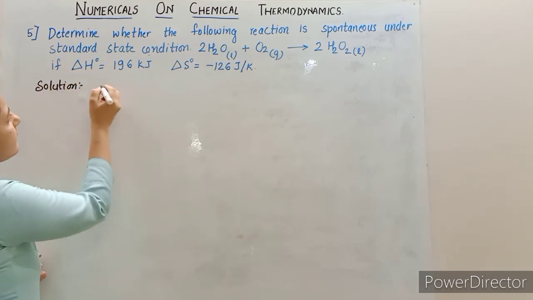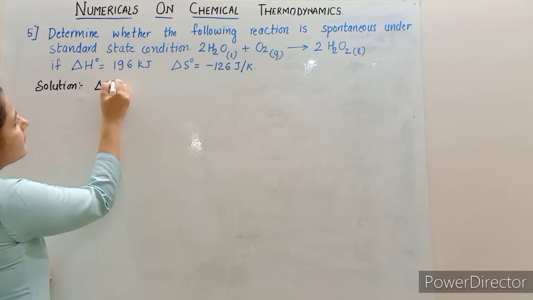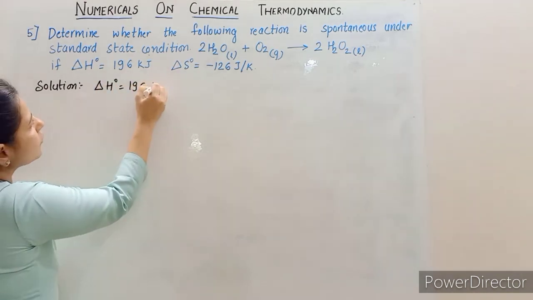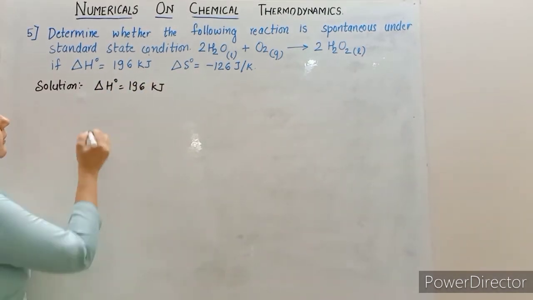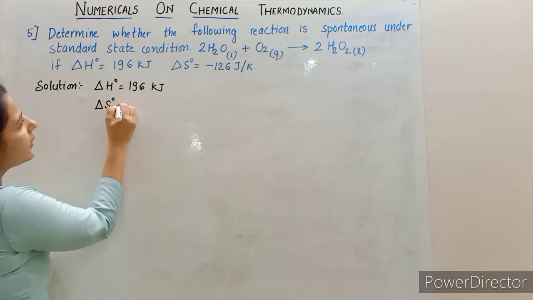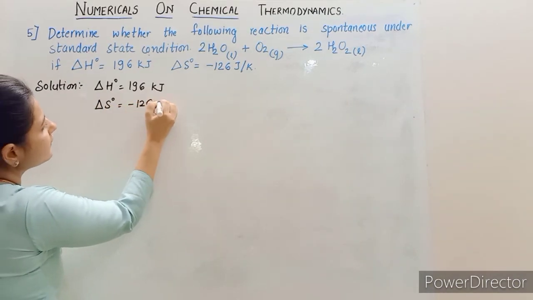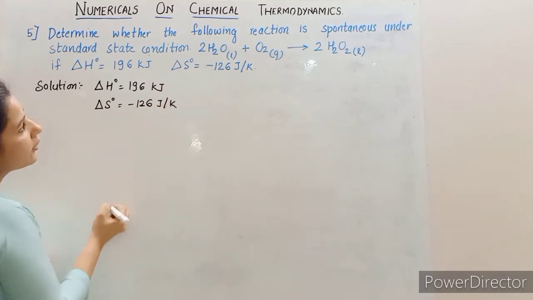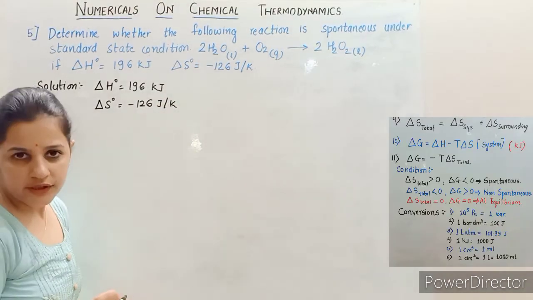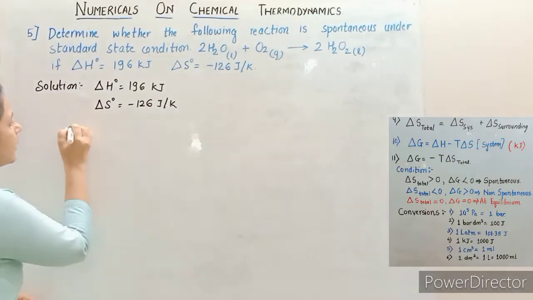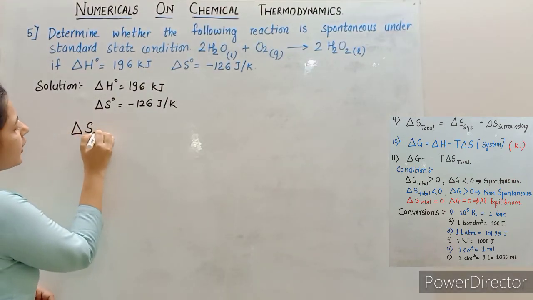Now in this case, standard enthalpy is given to be 196 kilojoules, and the standard entropy is minus 126 joules per Kelvin. And you've been asked whether the reaction is spontaneous or non-spontaneous. Again the same thing. So in this also we have to calculate S total.